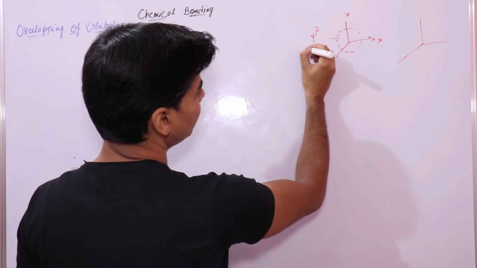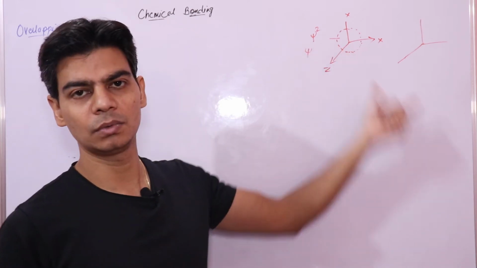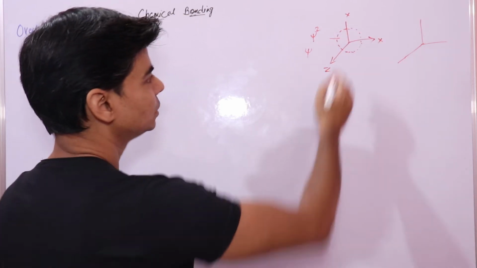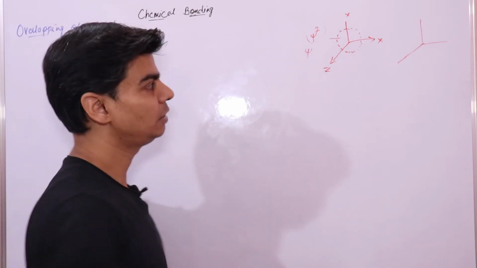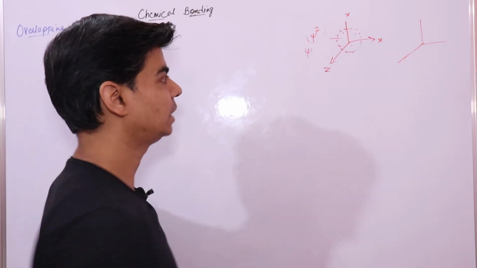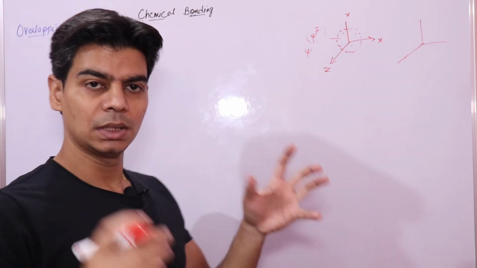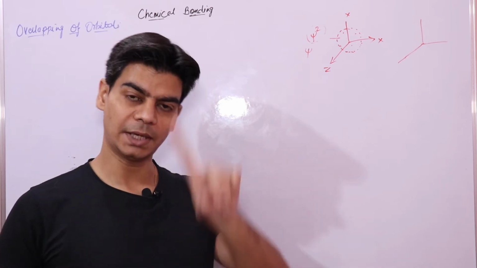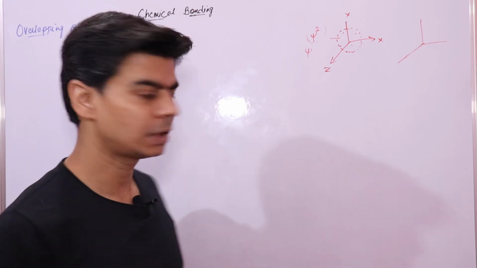Psi is a wave function that contains all information regarding this electron. This electron cloud was constructed using the value of psi square at different points, which represents the electron density. So this orbital is a region where the probability of finding the electron, in the case of hydrogen the valence electron, is maximum.